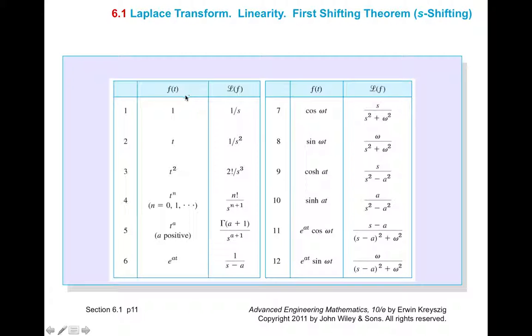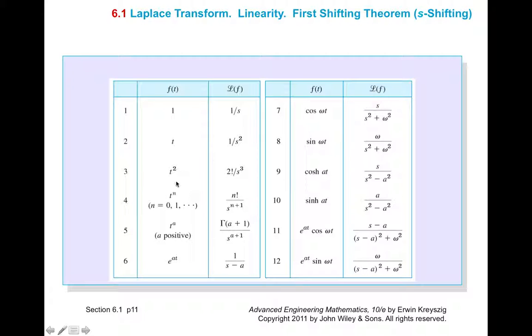Here are some tables that indicate functions of time and the Laplace transform of that function. This is assuming single-sided transforms. So if we have a constant, the transform goes to 1 over s. If we have linear t, the transform goes to 1 over s squared, and so on. And then that pattern repeats.